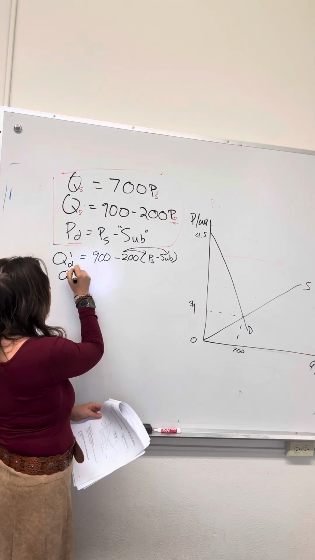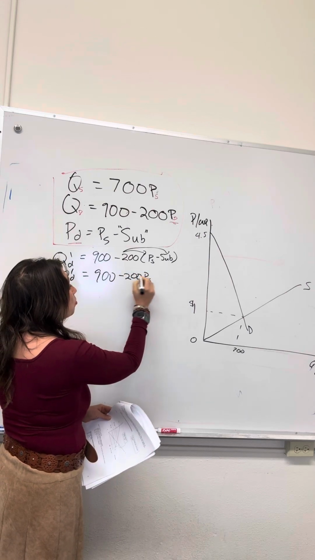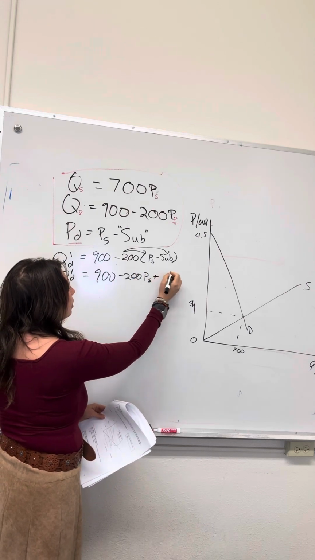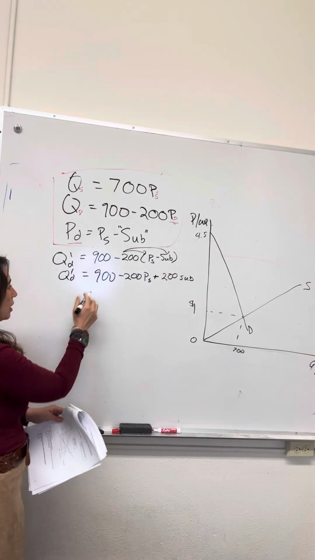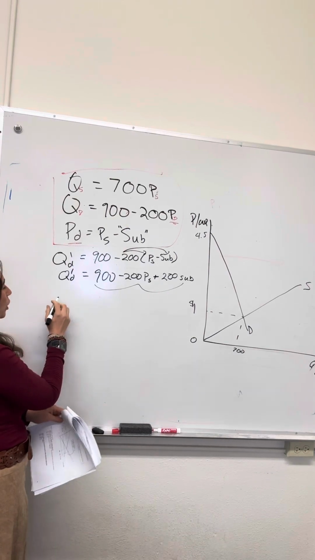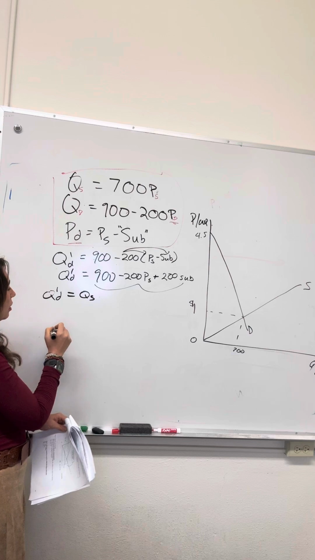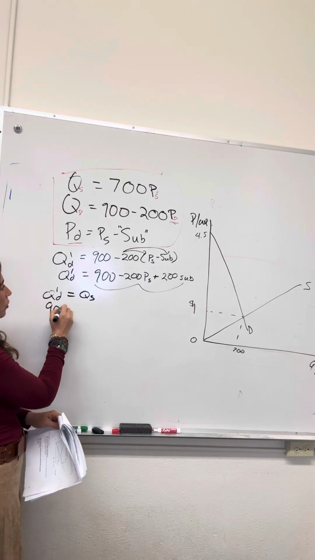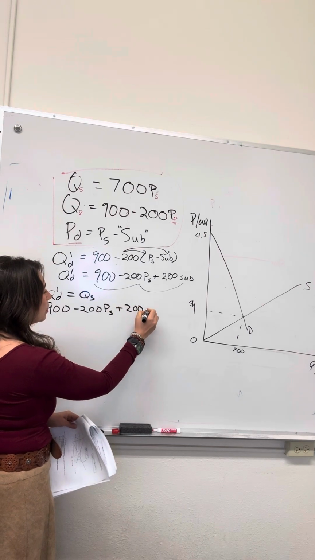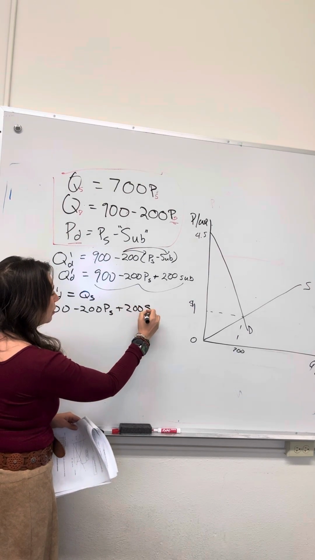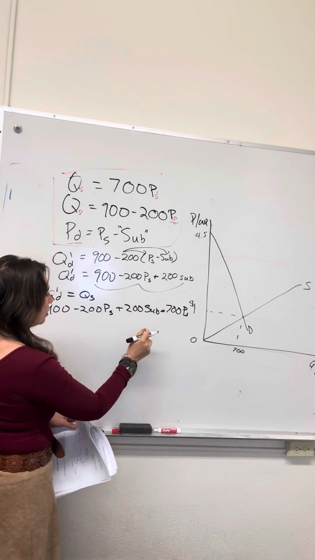I get QD prime equals 900 minus 200 PS plus negative times a negative 200 sub. I'm then going to set this equal to QS, so QD prime equals QS. So 900 minus 200 PS plus 200 sub is equal to 700 PS.